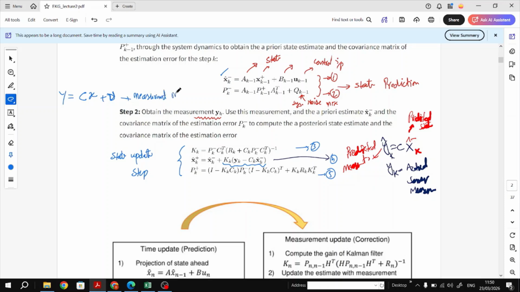What is the measurement model? The sensor measurement model means how your states are related to the sensor output. Using this functional relationship between the state and the sensor output, you can predict your sensor measurements.